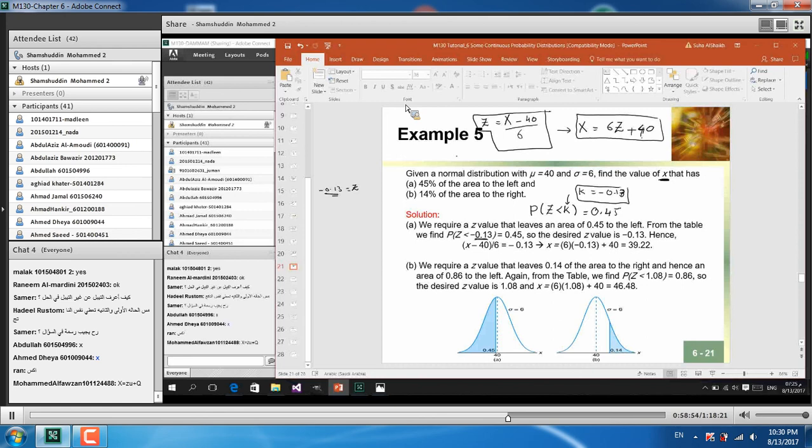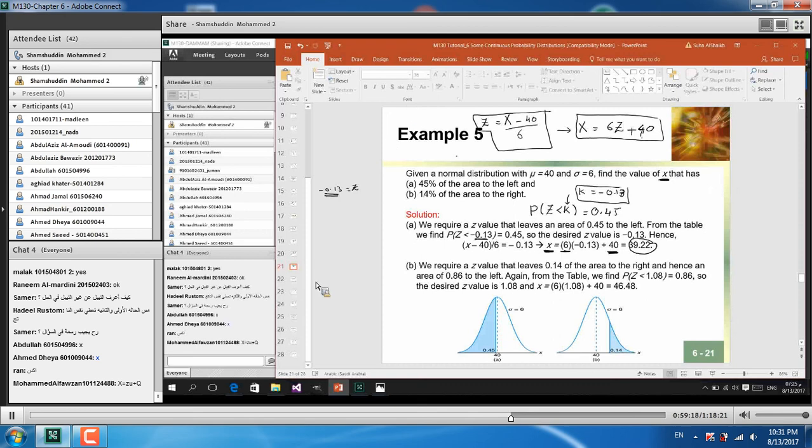So this amount is related to z, so multiply it with 6, add 40 to get the amount with respect to x. So my x is 39.22. Okay.